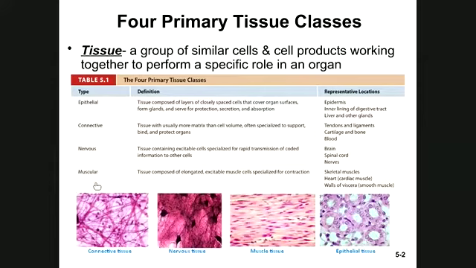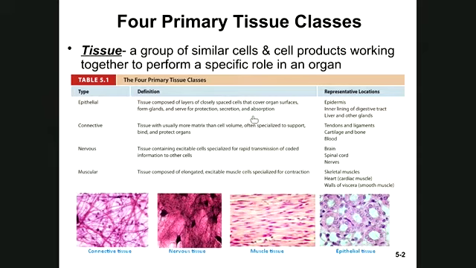The epithelial tissue is composed of layers of closely spaced cells which cover the surface of our organs, form the glands, and serve for protection, secretion, and absorption.